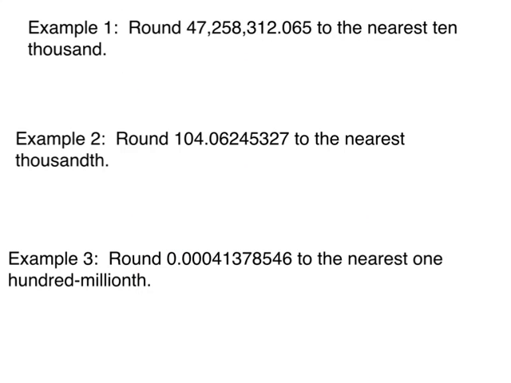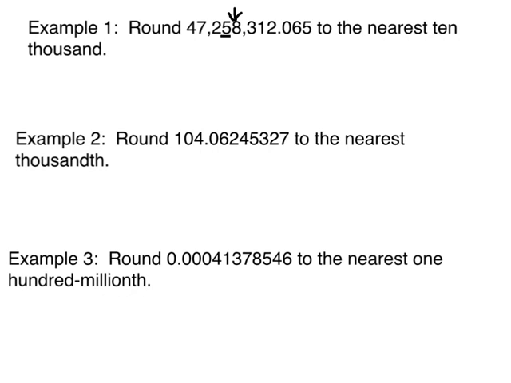Okay, so in example 1, we're going to round this number to the nearest 10,000. There's no TH on the end here, so we're looking at a whole number on the left-hand side of the decimal. All right, we've got ones, tens, hundreds, thousands, 10,000s. So I'm going to underline that 5 right there. It is the one that we're going to be working with, and then we're going to put an arrow to this 8.